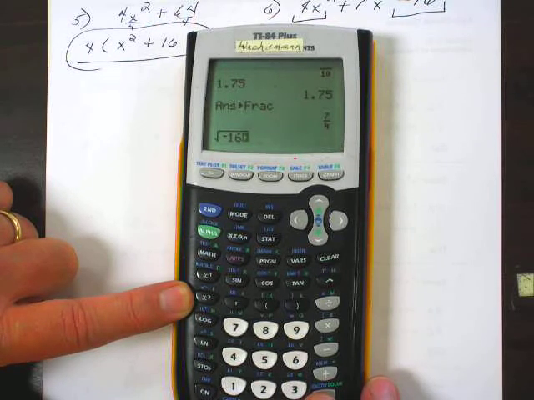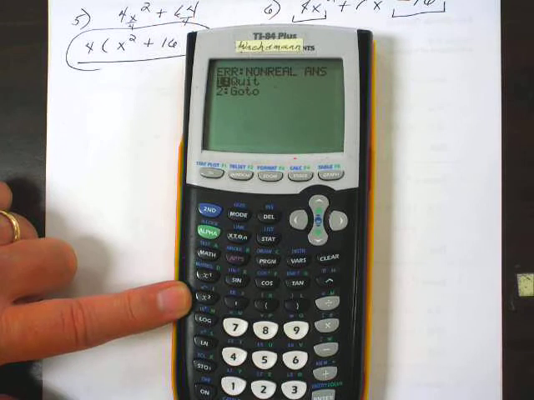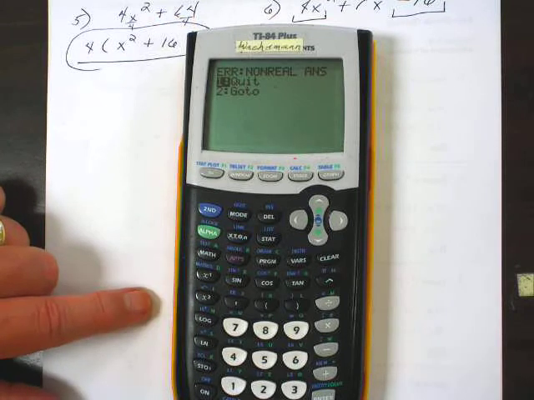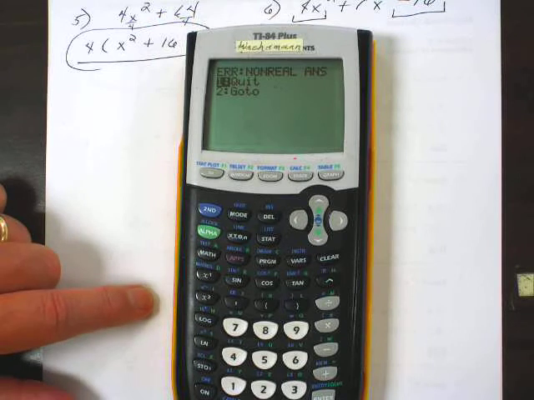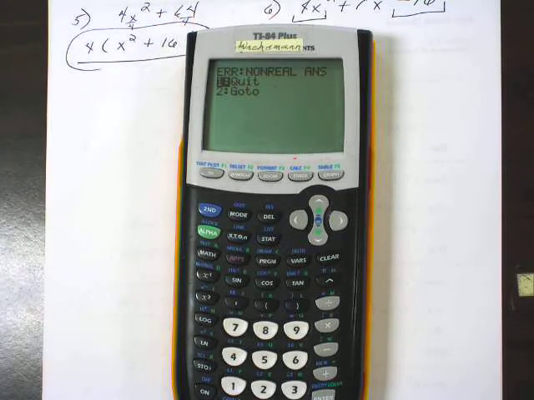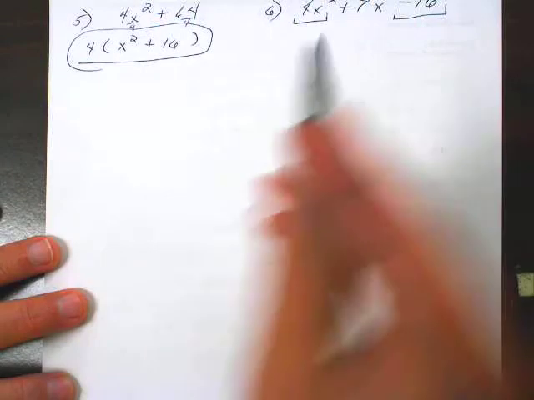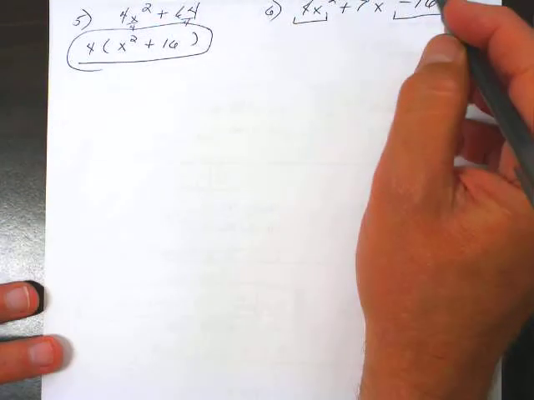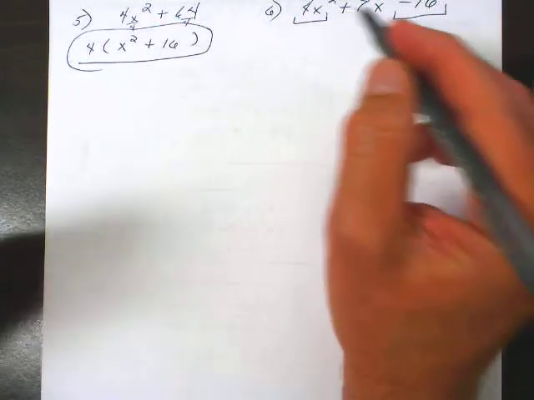And you get error. Did you get error? That means you can't, no negative number is a perfect square. You cannot take the square root of a negative number. So it's not a perfect square. So is this a perfect square trinomial? No.